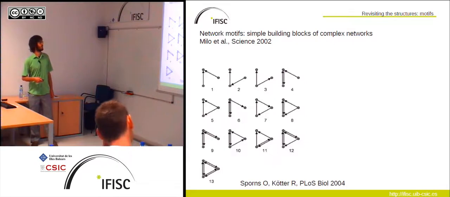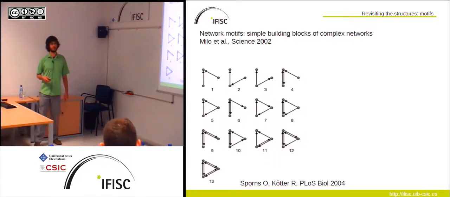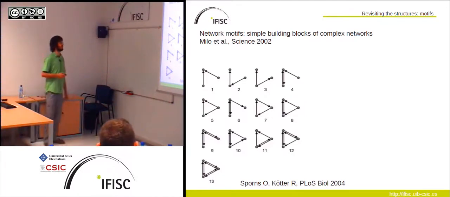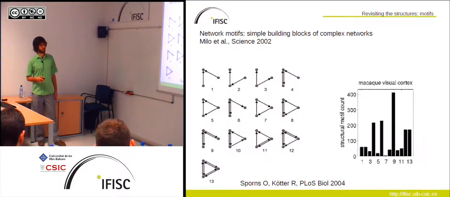This reduction allows us to look carefully at the different motifs that appear. The motifs are the single building blocks of complex networks. And one can look, for instance, at the motifs of three nodes, and the dynamics of the different motifs, what happens.